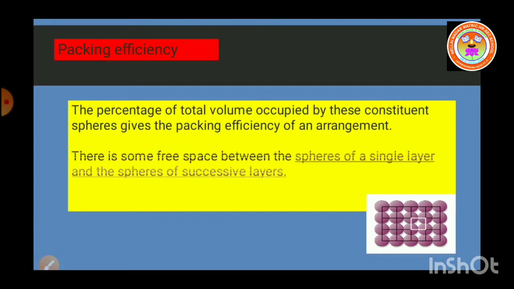There is some free space. Where does free space occur? It is between the spheres of a single layer, and between the spheres of a single layer and the spheres of the successive layers. Now clear?